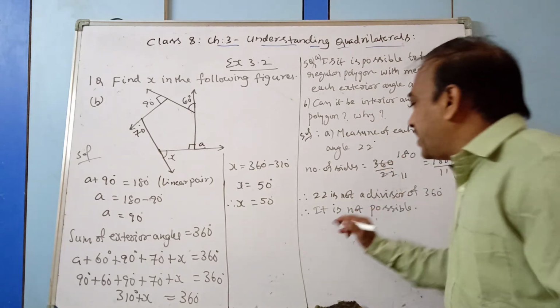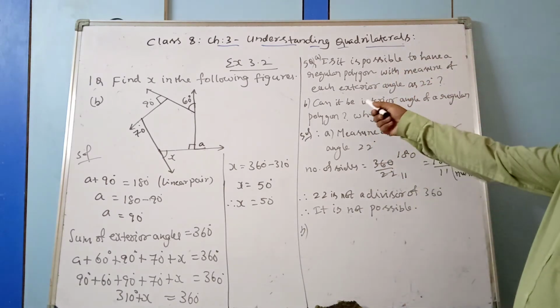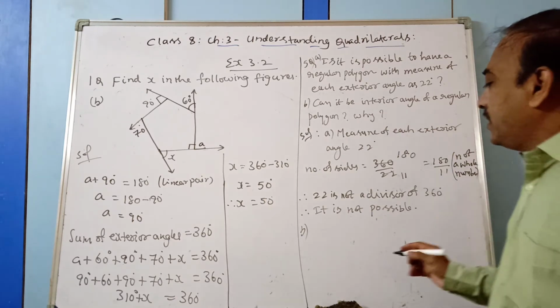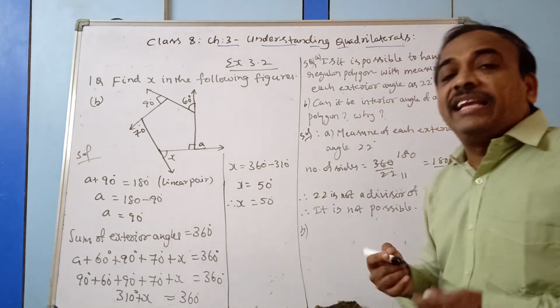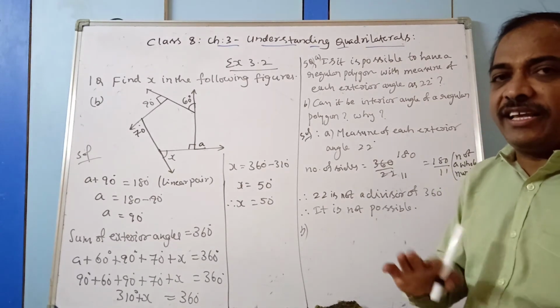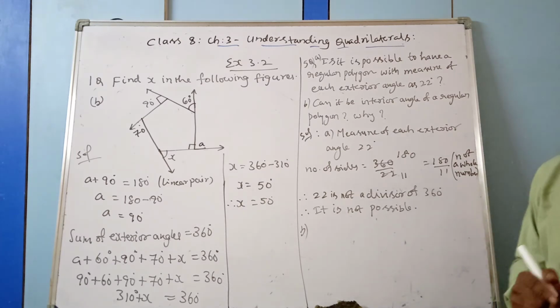Now the second, B bit. Can it be the interior angle of a regular polygon? Why? Why not? We'll see. Interior angle 22, then what would be the exterior angle? We know the sum of one interior and one exterior angle is always 180 degrees, the linear pair concept.